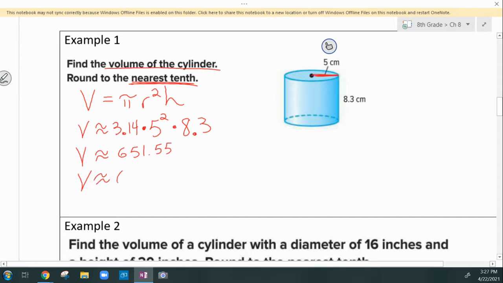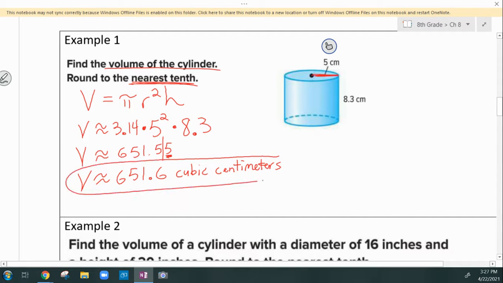So our final answer is going to be 651.5. Nope. This tells you to round the 5 up to 6. So we look at our units, and we know that this is going to be cubic units, or cubes made out of centimeter sides. So this is called cubic centimeters. That's how many cubic centimeters would fit inside that shape.